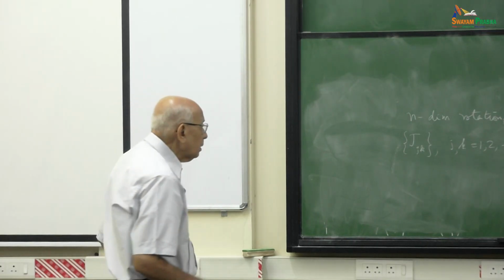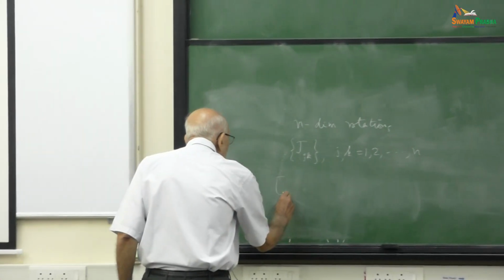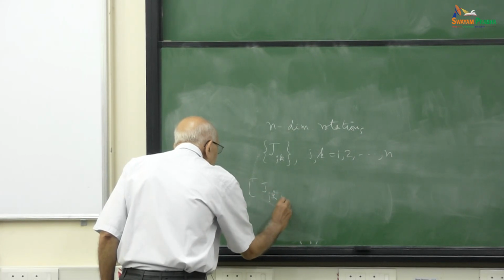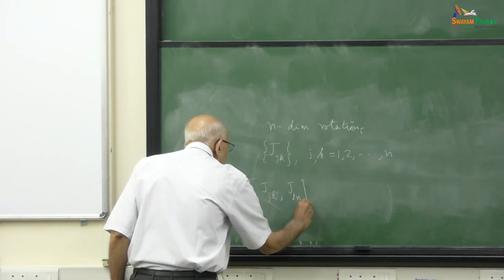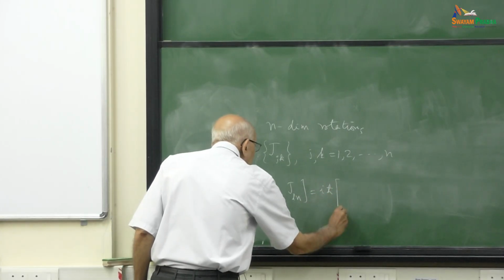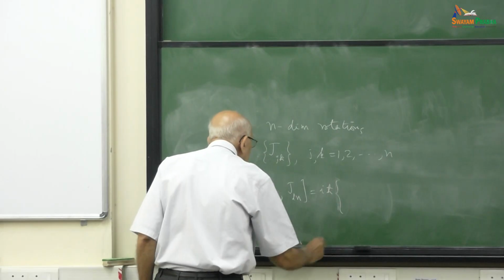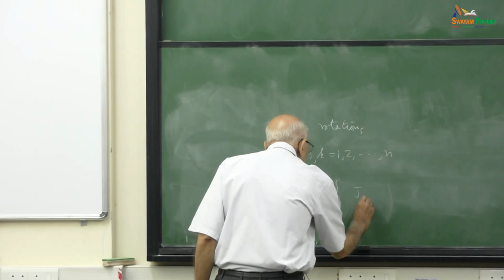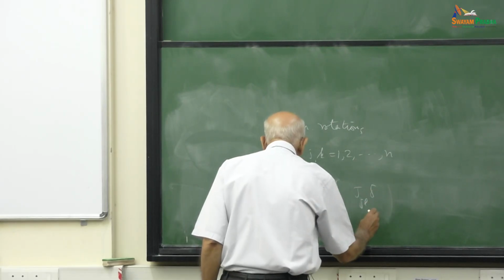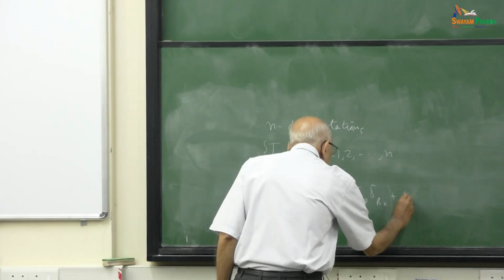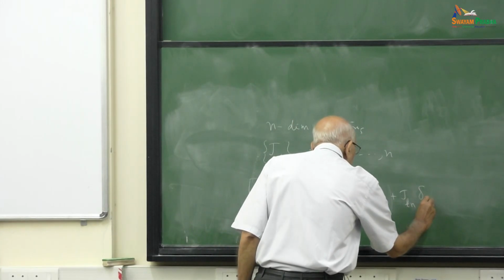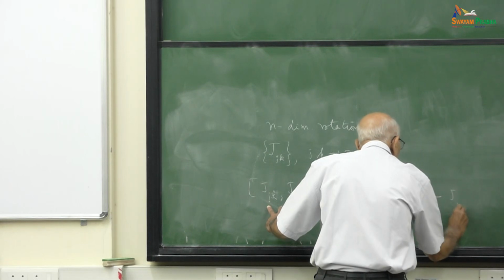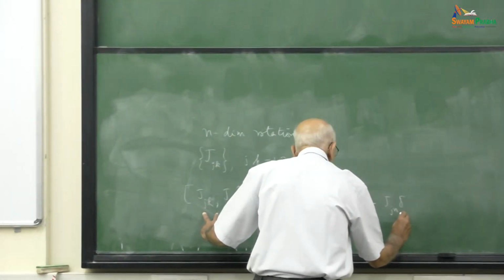And they satisfy the following algebra. In quantum mechanics, they would satisfy [J_jk, J_ln] equal to i h-bar times the following quantity: J_jl times the Kronecker delta k n, plus J_kn times the Kronecker delta j l, minus J_jn times the Kronecker delta k l, and so on.